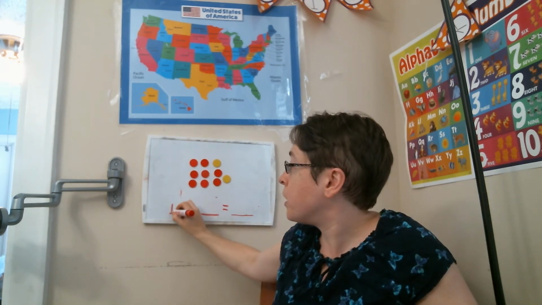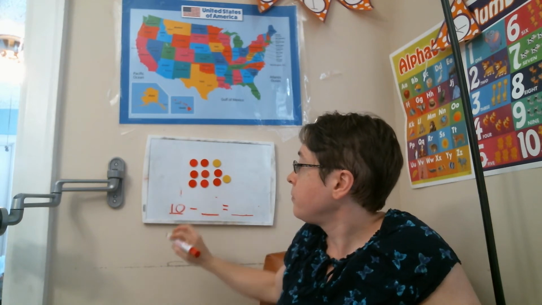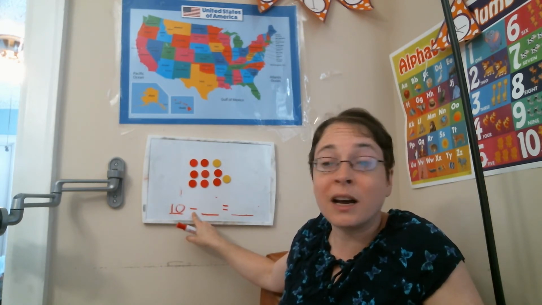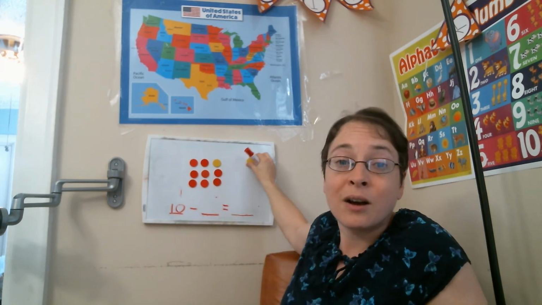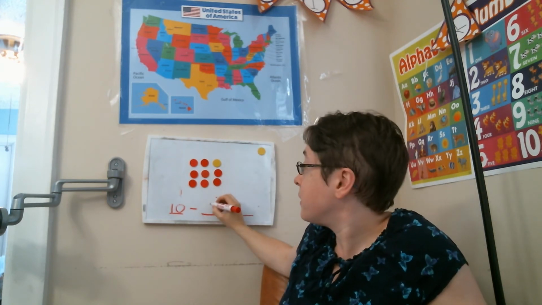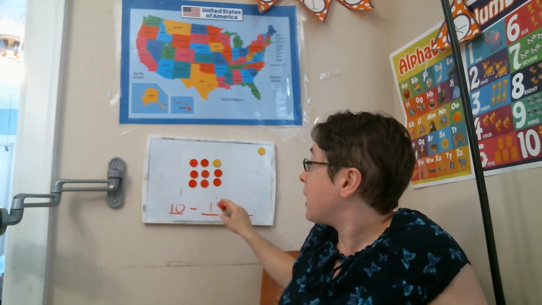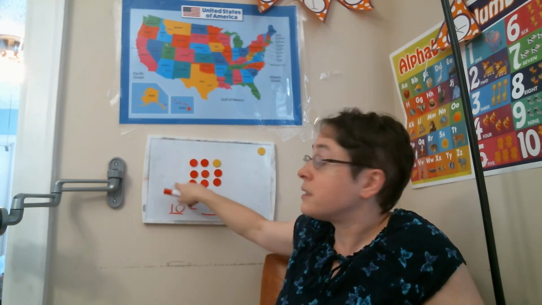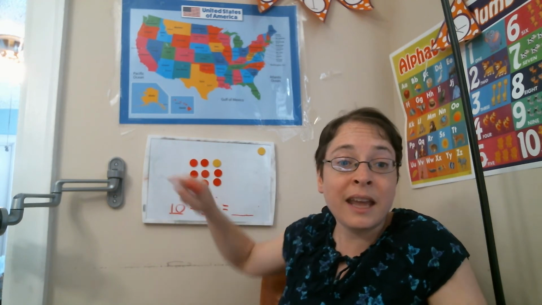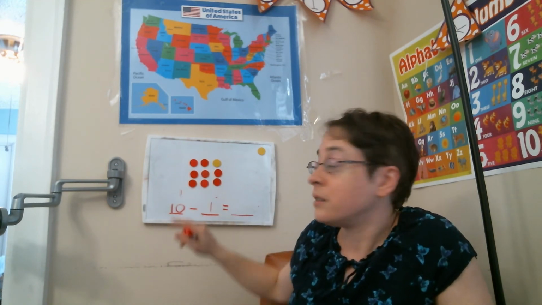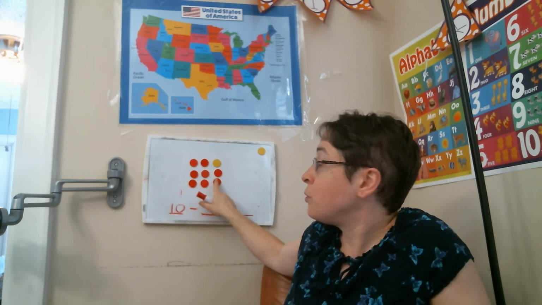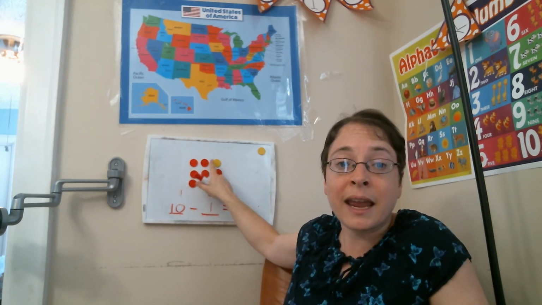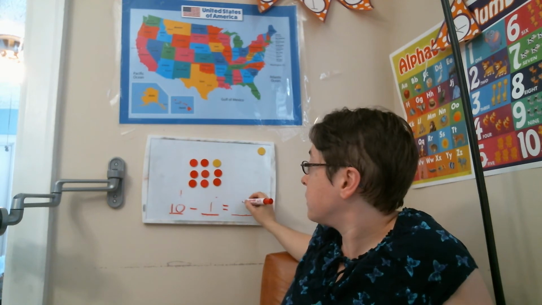So we're going to put 10. How many left to go to the honey tree? 1. How many are still in the cave? 9.